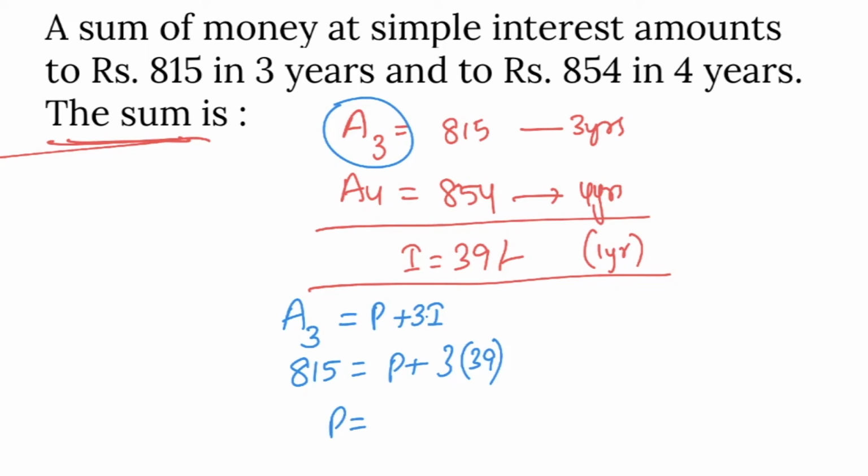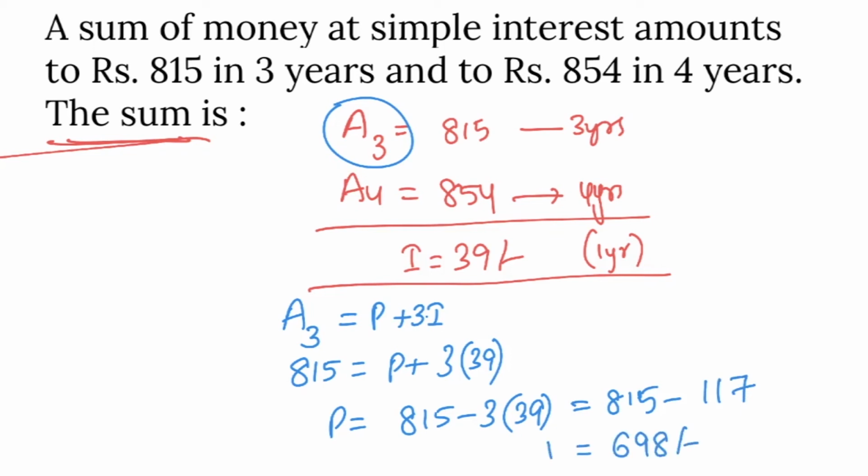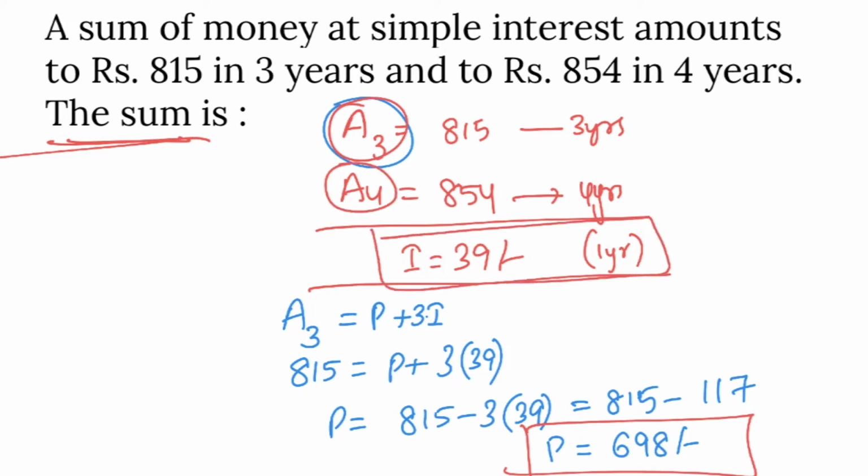So principal is 815 minus 3 times 39. 3 into 39 is 117, so that is 698 rupees. Principal is 698. Got it? 3 years amount is given, 4 years amount is given. The difference is interest, that is 39 rupees. If interest is 39 rupees, using the relation amount is equal to principal plus interest, you can find the principal. Principal is 698 rupees.